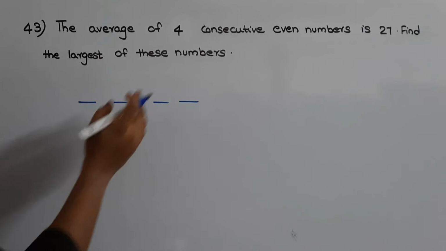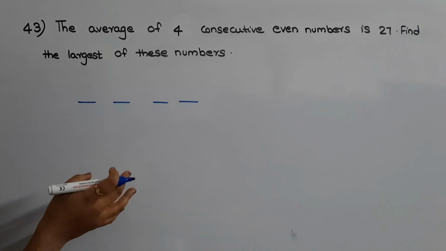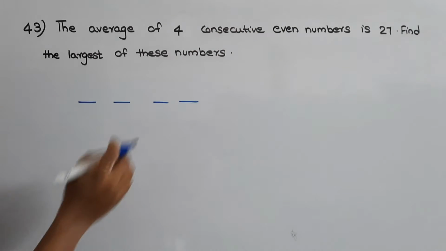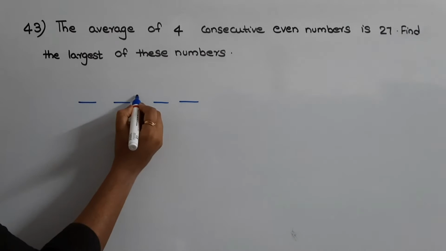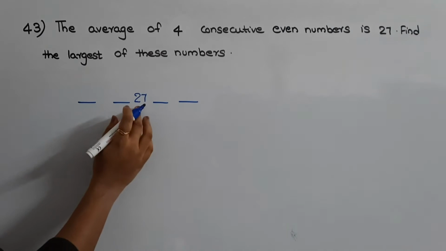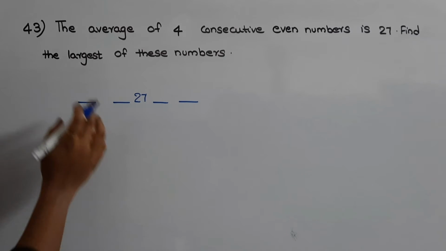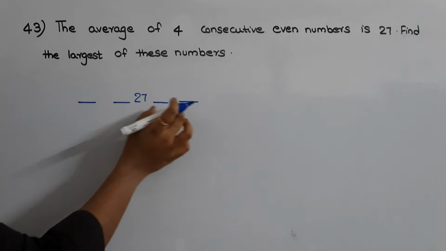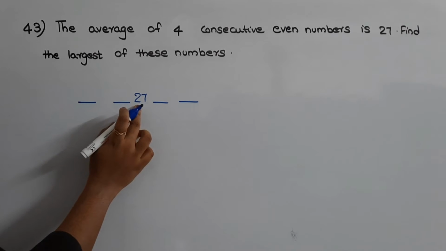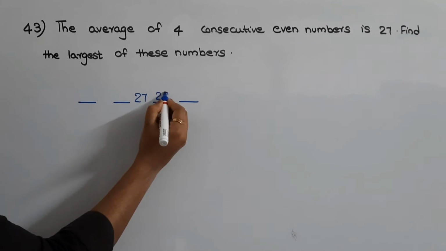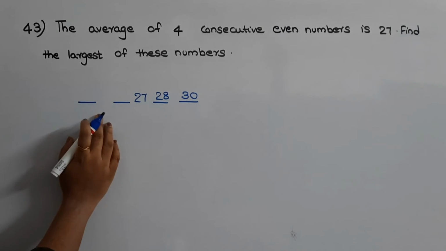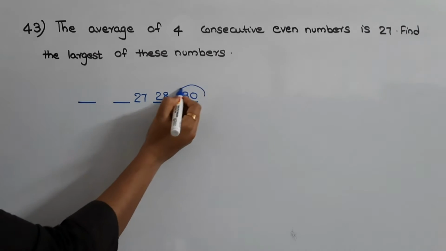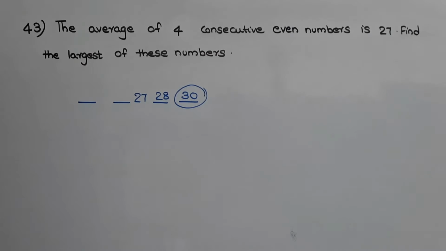So the average of consecutive even numbers will also be the middle number, and that middle number is given as 27. 27 is not an even number, so it should come here between the two middle numbers. We need to find out the largest of these four numbers. If this is 27, this will be 28 and this will be 30. So the largest of these four consecutive even numbers will be 30. So this is the answer.